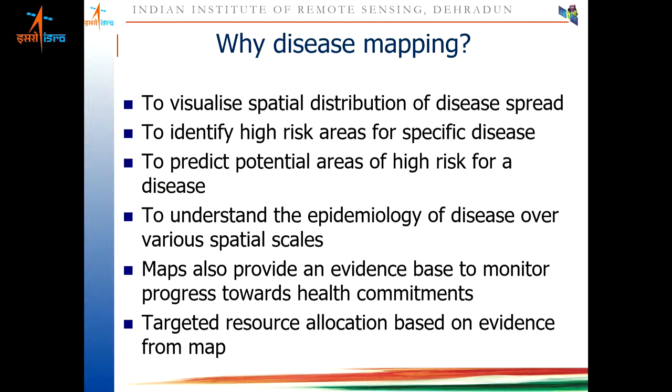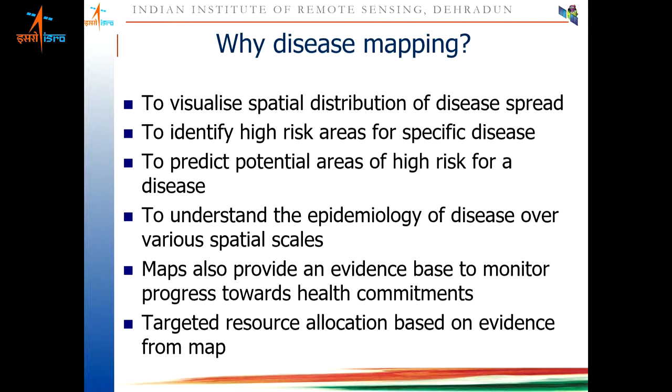Maps also provide evidence to monitor the progress towards health commitment. If you have mapped initially the number of points for disease, and later on also you are mapping the disease, then time series analysis can be performed, and how the disease has been controlled can be easily seen from the maps, and progress of the objective can be monitored.